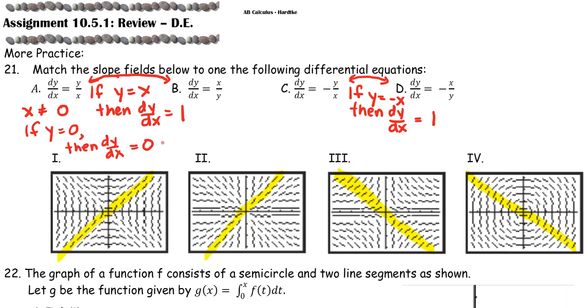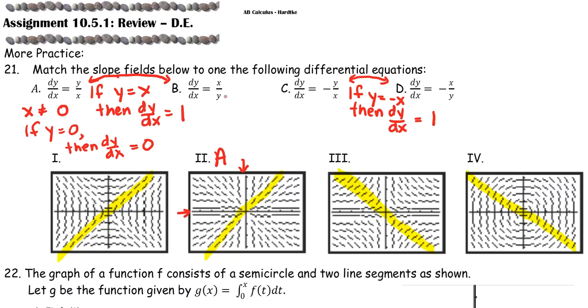Those are two easy things to look for. So on the horizontal axis, we should have horizontal tangent lines, and on the vertical axis, we should have no slopes. Do you see our horizontal tangents and our no slopes, because they get vertical right next to 0? So this is going to match up with A.